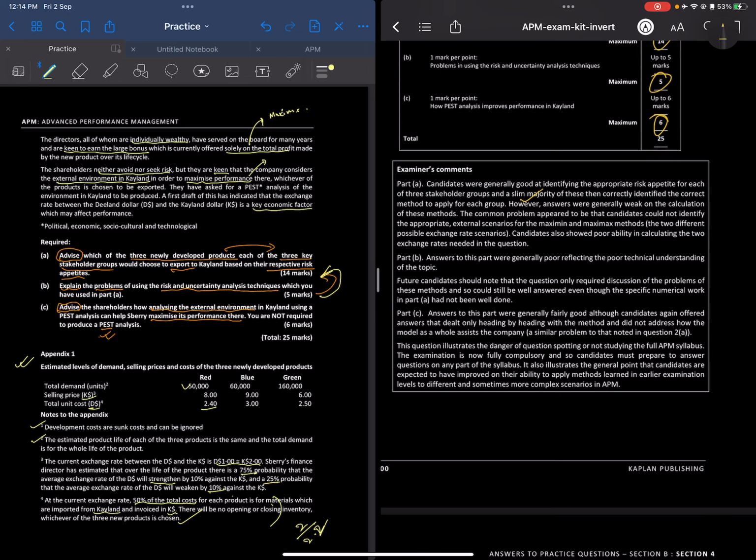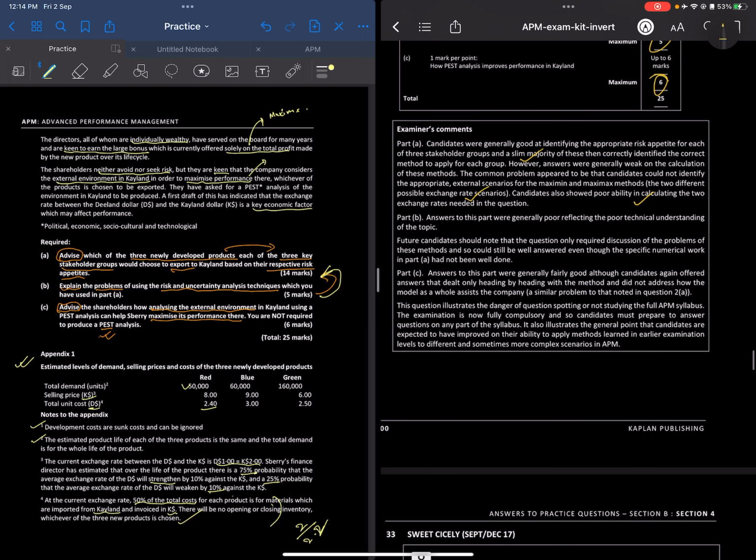A common problem area for the candidates is they could not identify external scenarios for the Maximax and Maximin methods, which is 2 possible exchange rate scenarios. Okay, they could not identify. So poor ability in calculating exchange rate needed in the question. Okay.